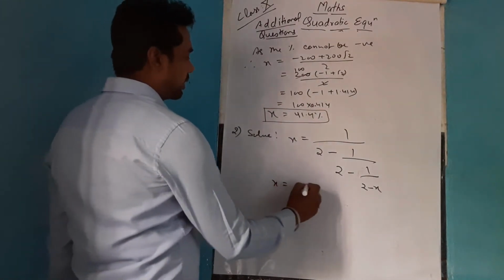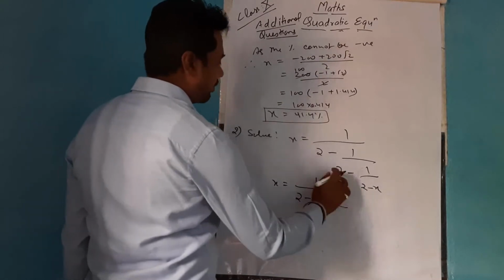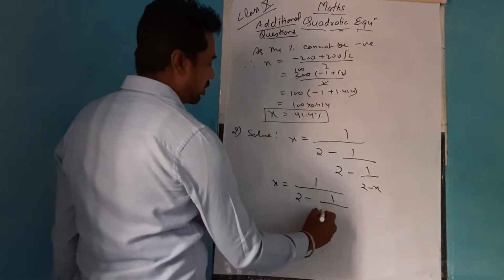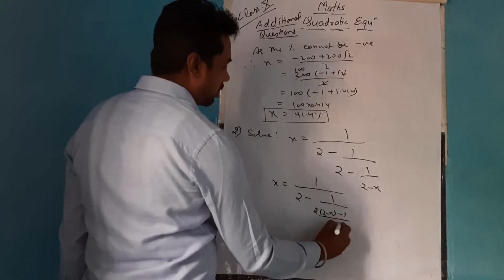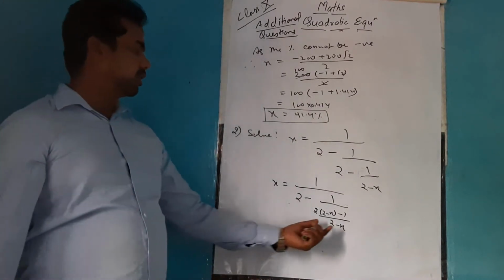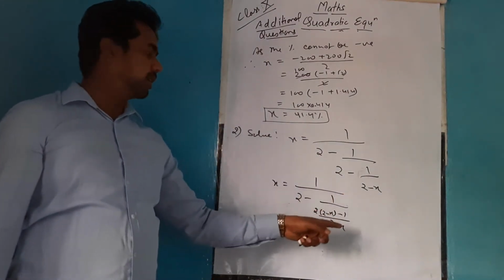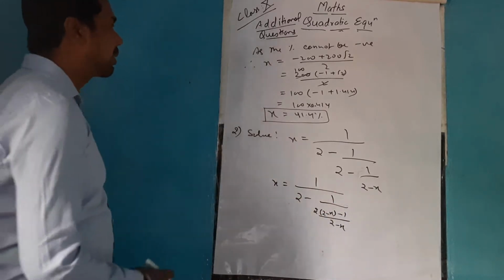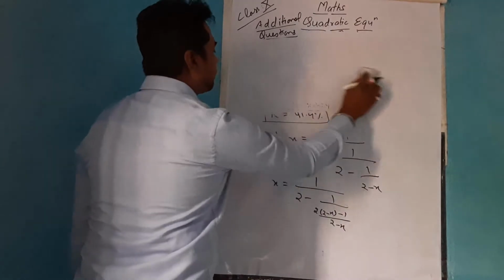So this will be x equals 1 upon 2 minus 1 upon, when you take the LCM, 2 times (2 minus x) minus 1 upon 2 minus x. This will be the part of it. Now the denominator of the denominator becomes the numerator, so this goes to the numerator part. So now I am rubbing the top one.